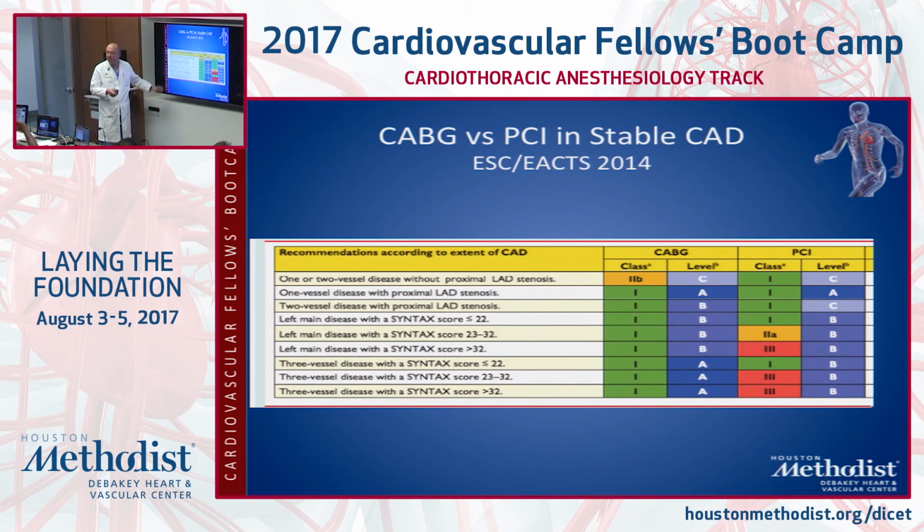So for the first time, the guidelines actually offer it a class 1 recommendation. Class 1 incidentally is recommended, 2A is probably beneficial, 2B is not sure if it's beneficial, 3 might do harm.